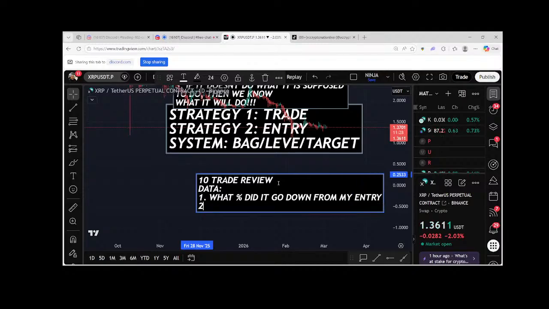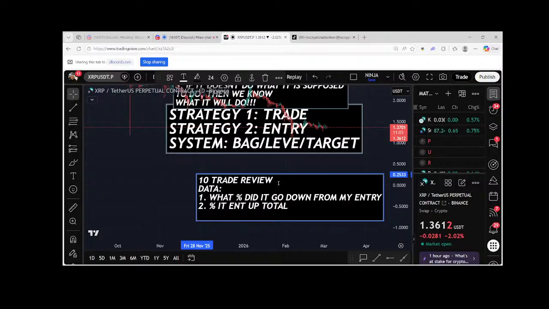Number two is the percent it went up total. And these two things are very important because what it does is it allows us to be in a situation to analyze what we do, right?